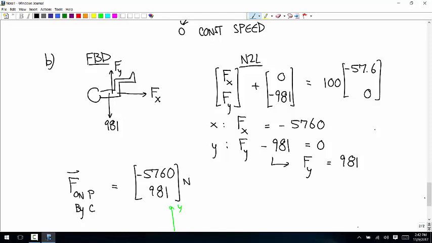So this arrow is pointing in the positive x direction, so you can think of that as the x component of that force. And this one's pointing in the positive y direction, so you can think of that as the y component of the force. Yep. So that's something you can do anytime you don't know anything about the direction of the force. That doesn't happen in this class very often, but you can do that if you don't know the direction.